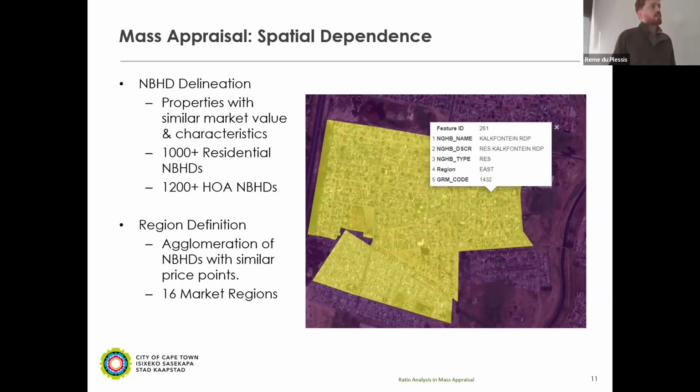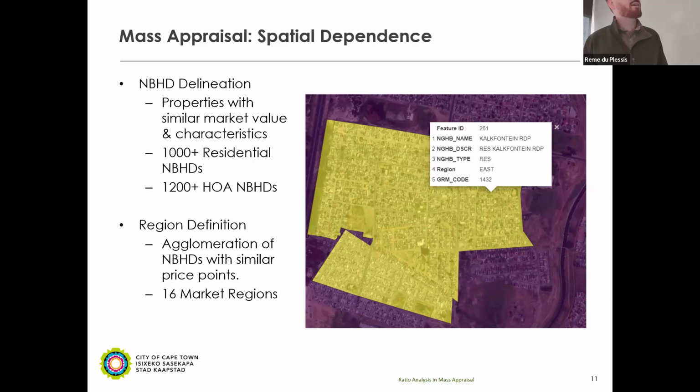So here we have input as a CAMA team, but this also falls on the valuers to advise and suggest new splits. Each valuer is responsible for a given region, and they are supposed to know their regions very well. So they keep track of any price changes or changes in the types of properties that may occur in a region and aid in this delineation.